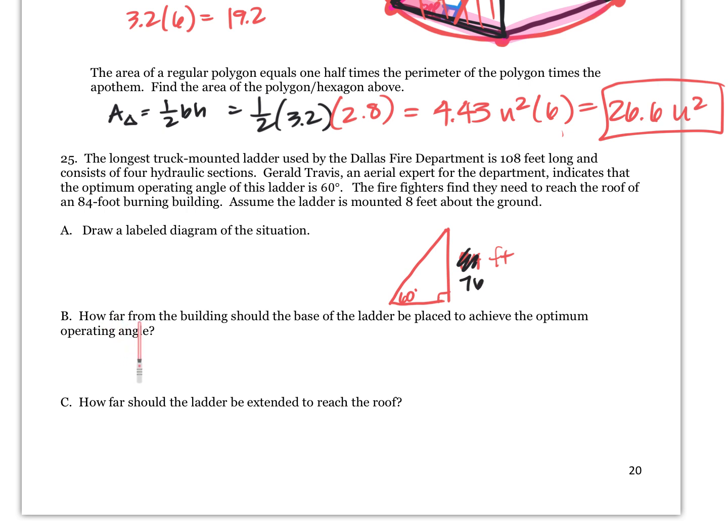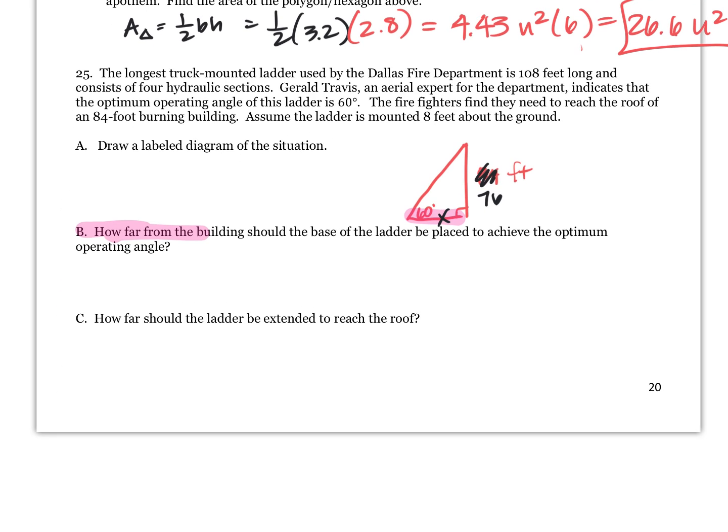It says, how far from the base of the building should the base of the ladder be placed to achieve that 60-degree angle? What are we looking for here? No, it says how far from the building. Agreed. It should be this adjacent side. It should be down here. Right? Does that make sense? How far from the building? So, SOH, CAH, or TOA? Yeah, the tangent.